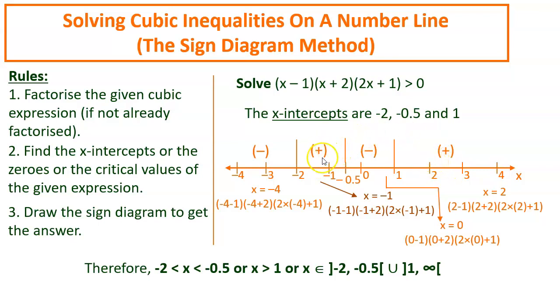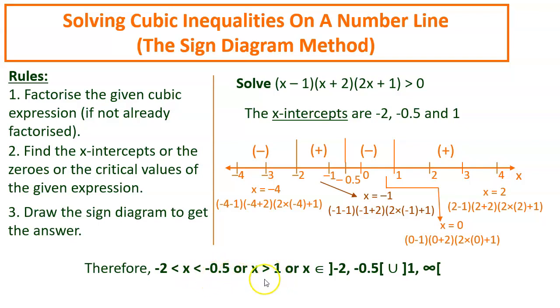So it should be either -1 or 2. Therefore, the two regions should be connected by this word 'or' and not 'and'. Okay. So x is greater than 1. So either you have the x value in this region or you have the x value from this region. This is the writing of the answer in inequality form.